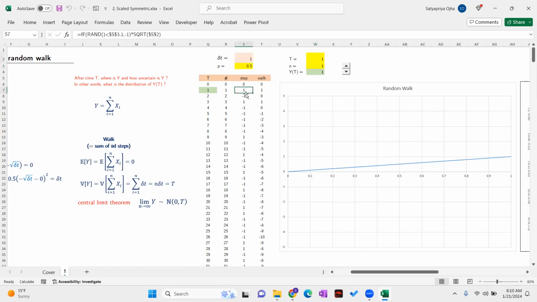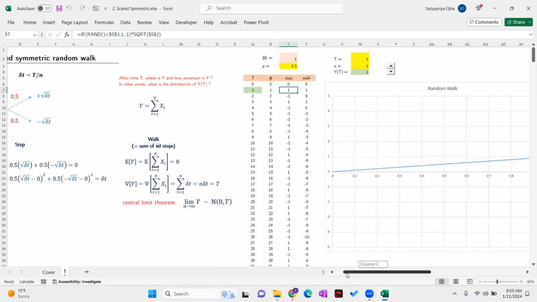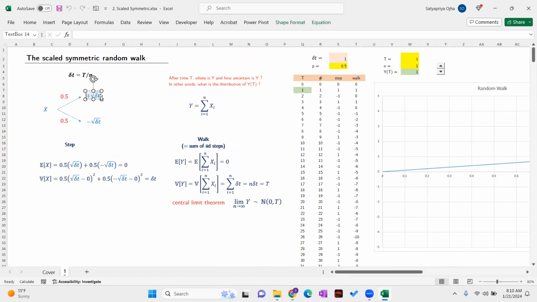Now see the tweak I did here: this +1 or -1, which was random, I multiplied by the square root of delta t because that is now my new definition of step. Either it could be plus square root of delta t or minus square root of delta t. That is what I'm modeling in the step column. Walk is again a running sum of steps. Nothing has changed.